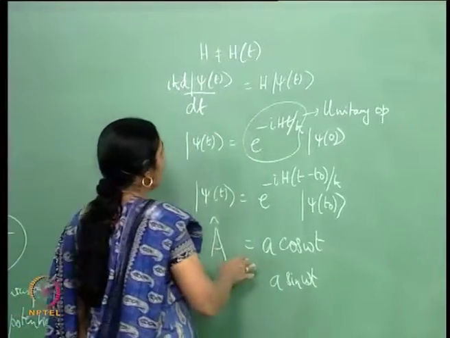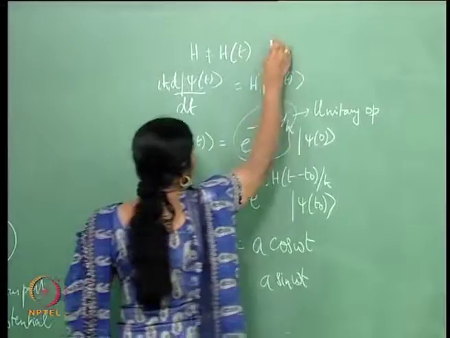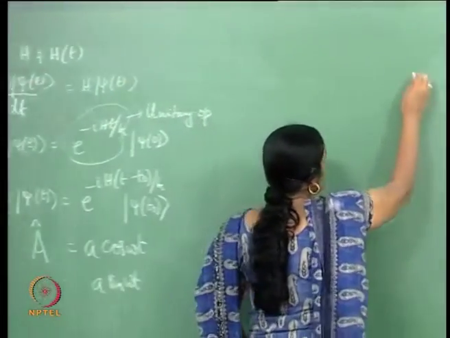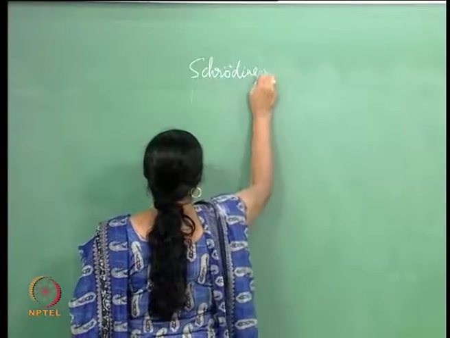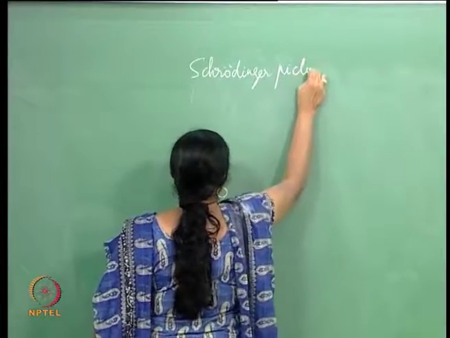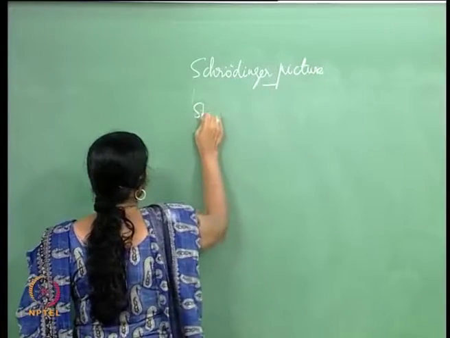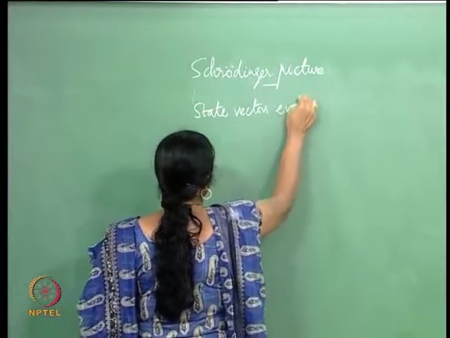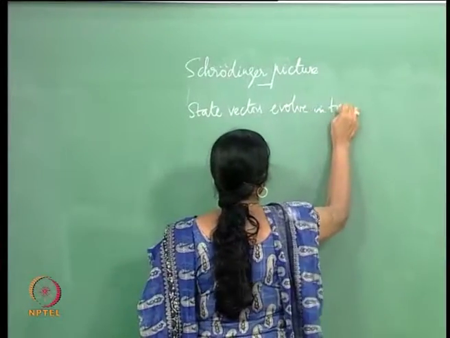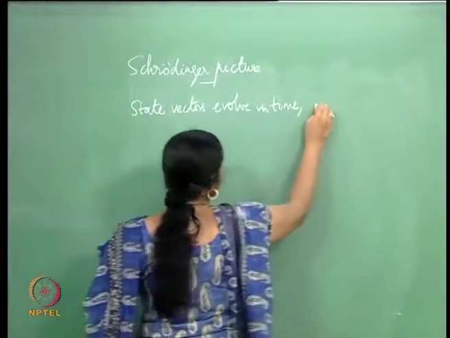Now, this I call the Schrodinger picture. So, in the Schrodinger picture, state vectors evolve in time guided by the Schrodinger equation.